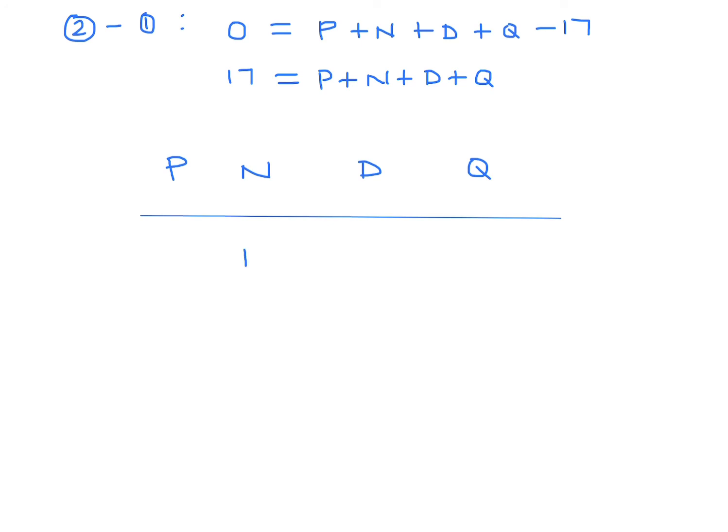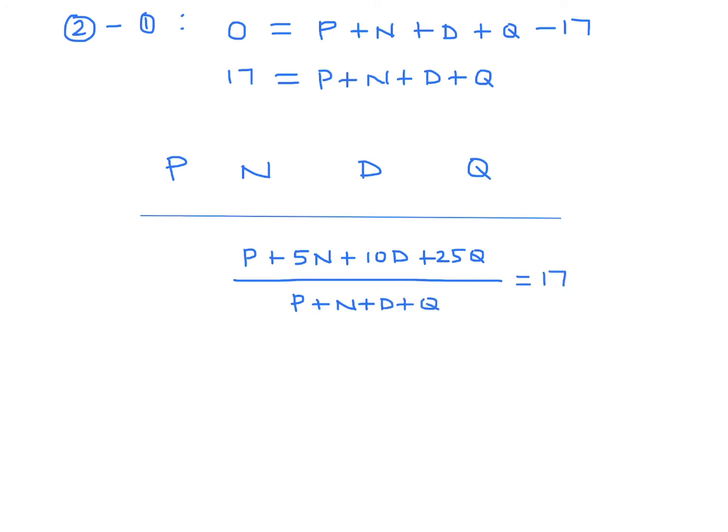So that basically means that if I take the sum of the value of the coins, which would be P plus 5N plus 10D plus 25Q, and divide by the number P plus N plus D plus Q, that average is 17. All right?